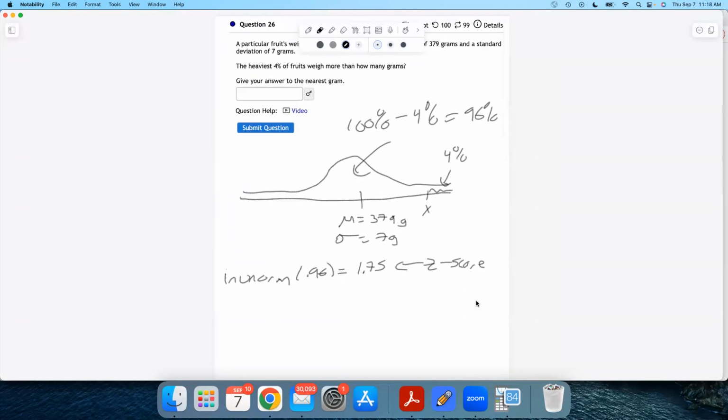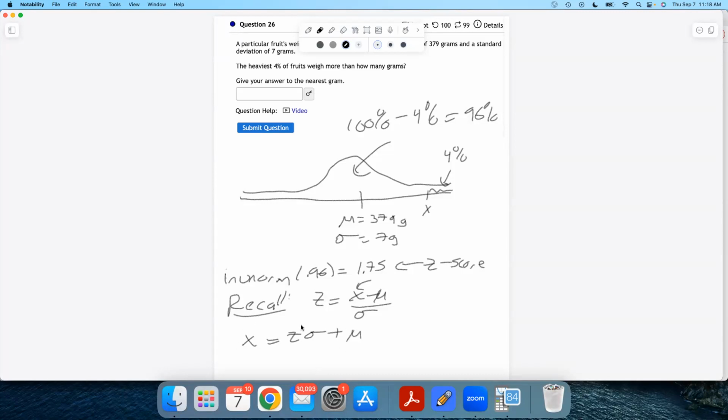Now I've got to turn that back into a real data point. Well, recall z equals x minus mu over sigma. This is who I want right there, x. That's what I'm after. So I would multiply the sigma over, add the mu over, and get x equals z sigma plus mu.